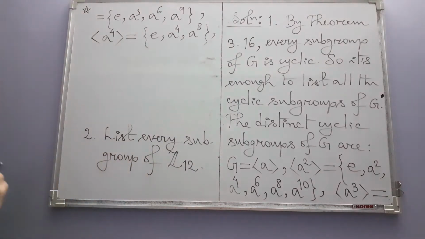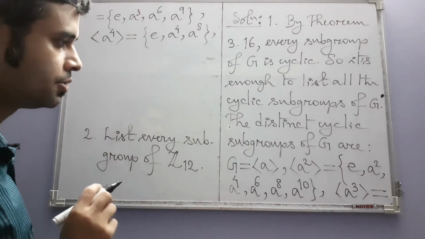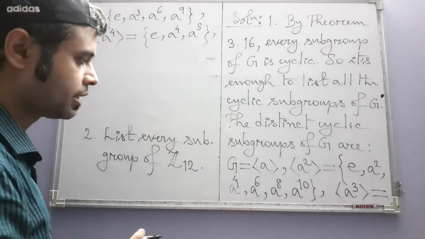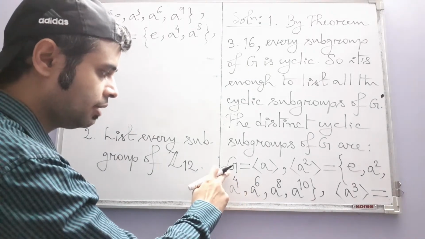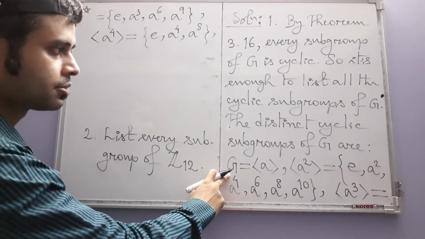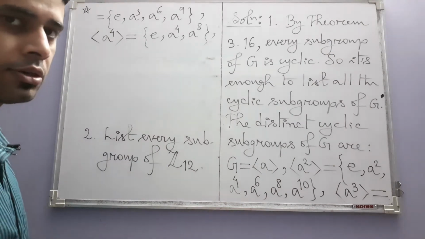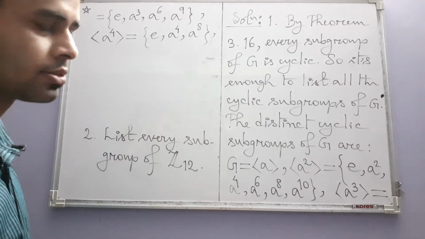And then if one considers the cyclic subgroup generated by A to the power 5, it turns out that cyclic subgroup in fact becomes equal to G. So because we are writing the distinct cyclic subgroups, we are not going to repeat things.